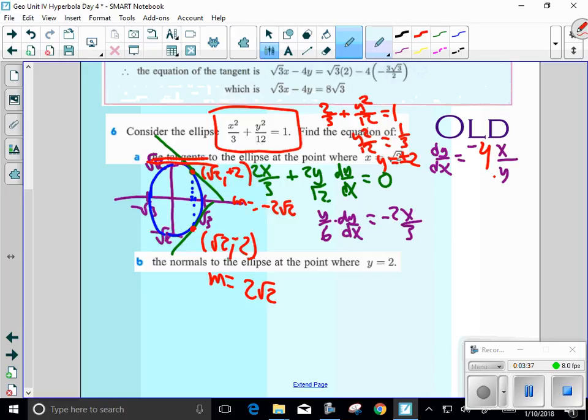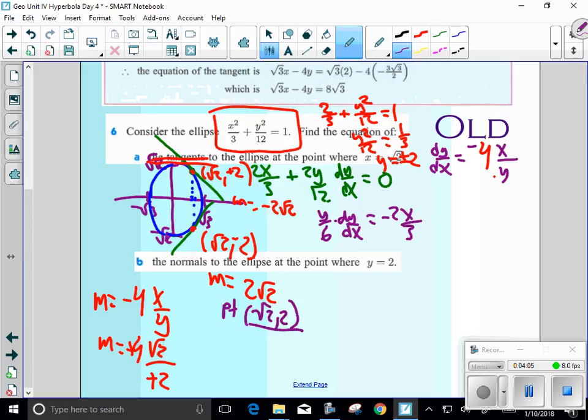How did I do that? Well, the slope is negative 4x over y. So down below here, the slope is equal to negative 4 square root of 2 over negative 2. So these will cancel, making it 2 root of 2. And then up here, they're not going to cancel, giving it negative 2 root of 2. So then my final answer is, for the point root of 2, 2, x minus root of 2 times negative 2 root of 2 is equal to y minus 2.